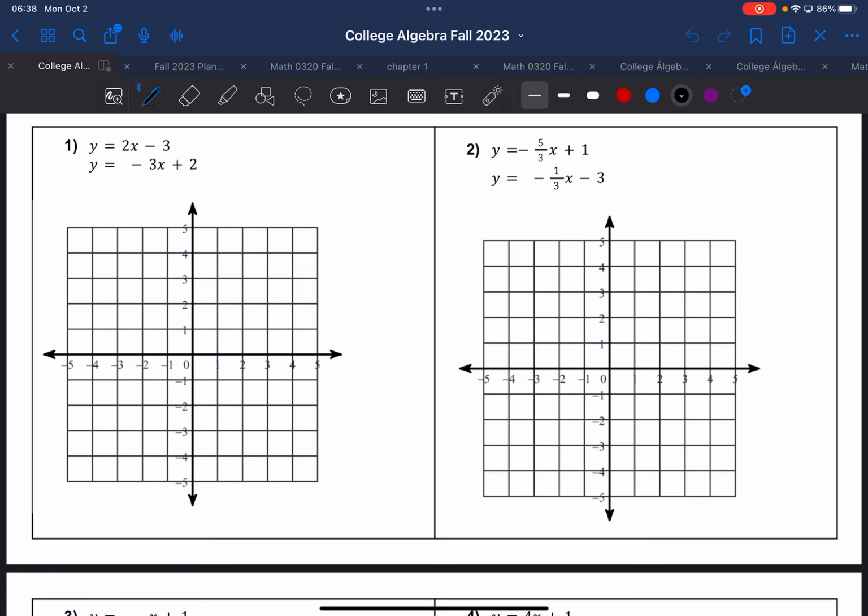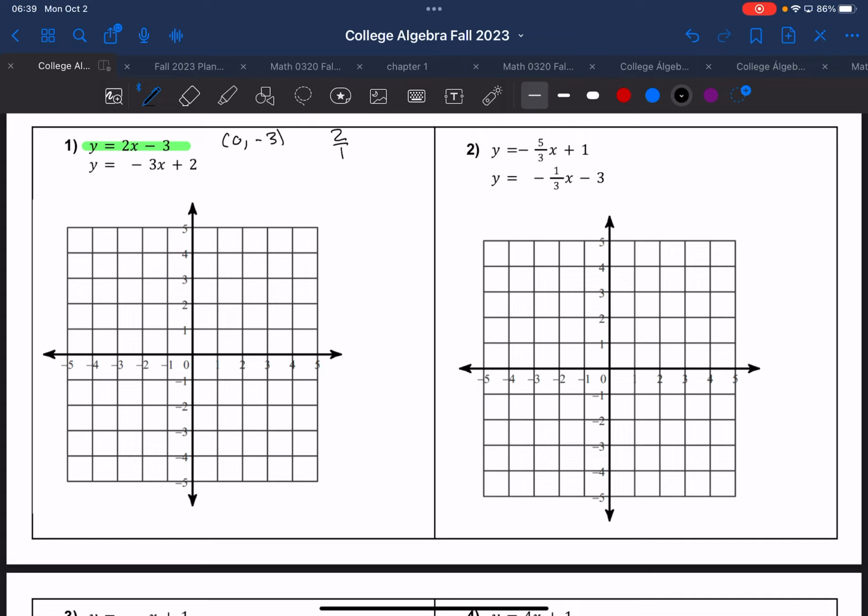What would be the y-intercept of the first equation? -3, and how do we write that as a point? 0, -3. Remember that y-intercept in that y equals mx plus b is that b value, so the value that's at the end. What would be our slope for the first equation? Good, 2 over 1, and we're writing it as 2 over 1 because we are doing that rise over run.